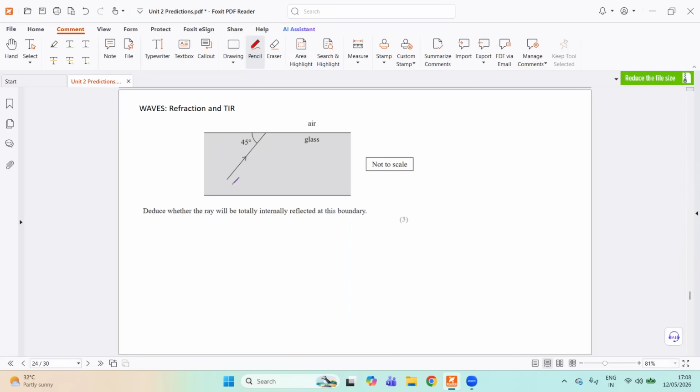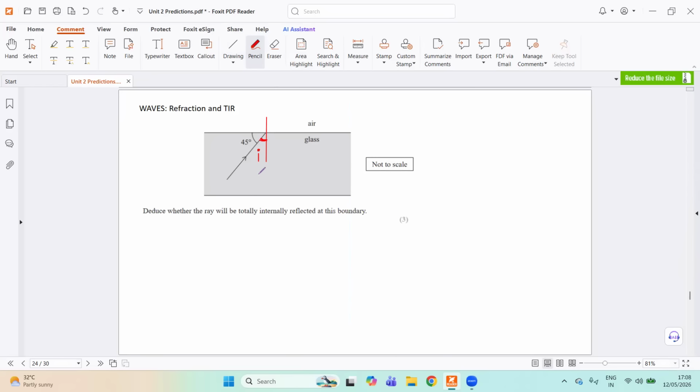Sometimes this has become a recent trend of sorts, right? Deduce whether the ray will be totally internally reflected at this boundary. So what you do is measure this angle.